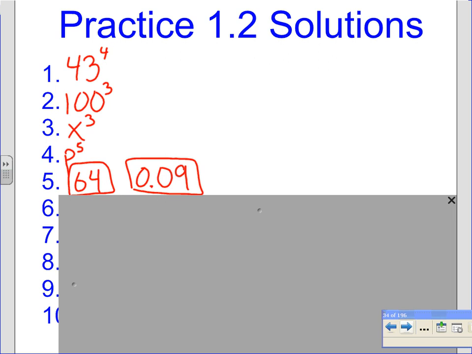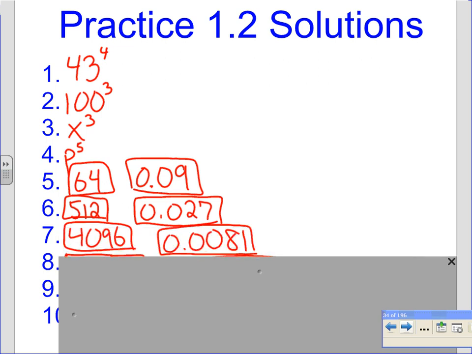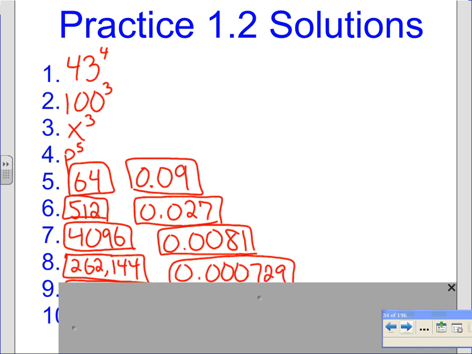Good. Okay. Number 6 should be 512, and the other answer is 0.027. You may also write it as a fraction. Number 7, 4,096. The second answer is 0.008 or 8 over 1,000. You may also write it as a fraction.